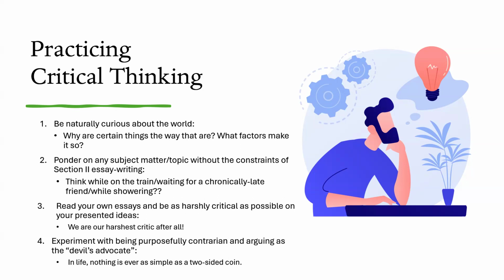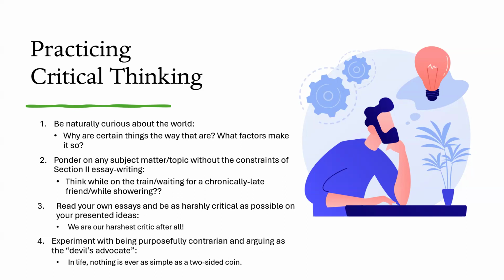And read your own essays and be as harshly critical as possible as well. Pretend you're the assessor. Pick apart your ideas. What are some logical weaknesses present in your writing? And lastly, experiment with being purposefully contrarian, arguing as the devil's advocate. On any particular subject matter, you know which side you're going to take.